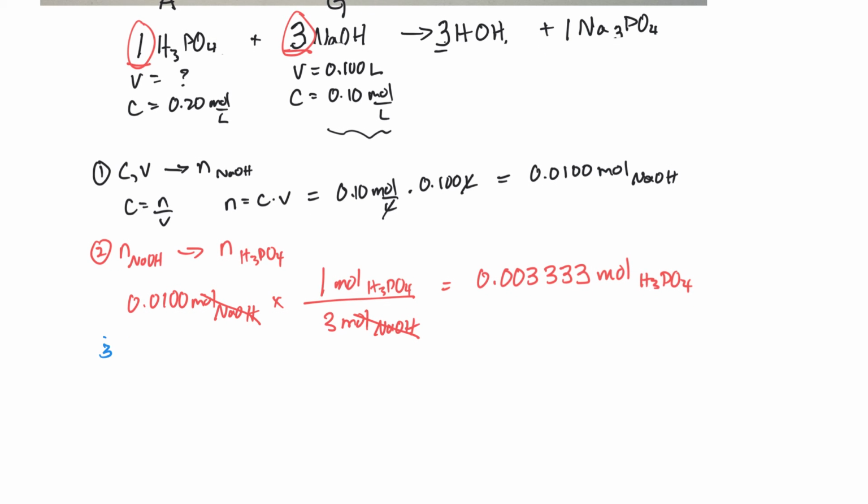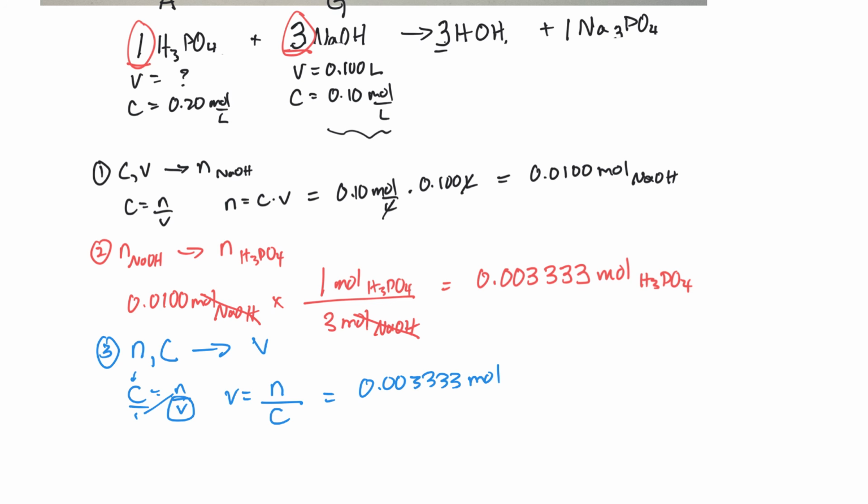So the last step is to take my moles, and I have a concentration of phosphoric acid, and figure out what the volume is. So my formula is C equals n over V. I'm solving for V, so V is going to be equal to this cross, so 1 times n, which is just n, divided by the other number that's across from your V, which is C. So the moles I just figured out, 333, etc., moles divided by the concentration, 0.20 moles per liter.